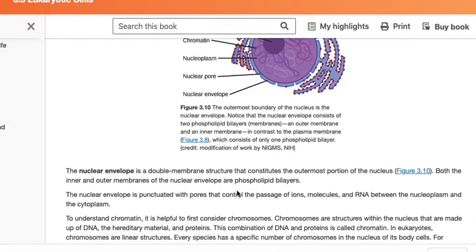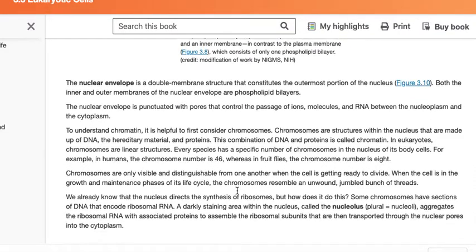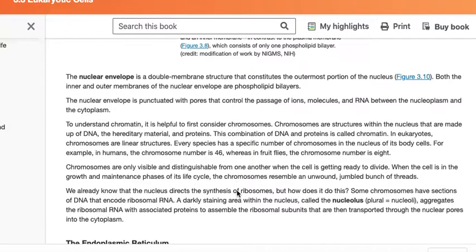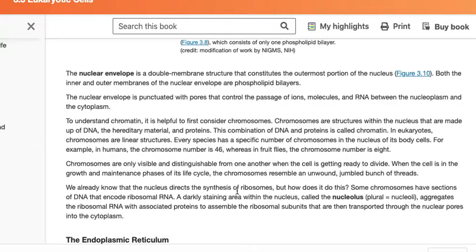And then the endoplasmic reticulum, this is where proteins are made, in the ribosomes, which are on the endoplasmic reticulum. So the endoplasmic reticulum has a rough area. The rough endoplasmic reticulum makes proteins, and the smooth part of that makes fats.